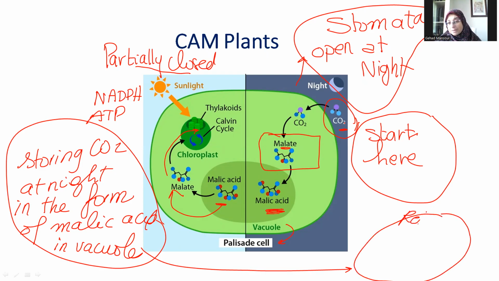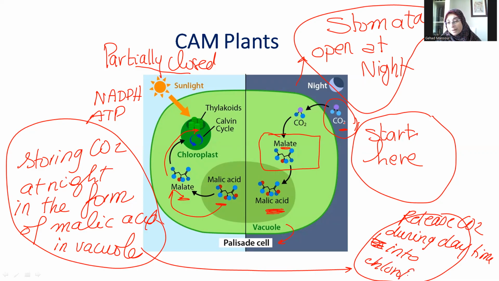We will release carbon dioxide during daytime, to the cytosol first. Okay, we will release carbon dioxide during daytime, but it is only released inside the chloroplast, when malic acid reaches the chloroplast. So we will release carbon dioxide during daytime into the chloroplast.